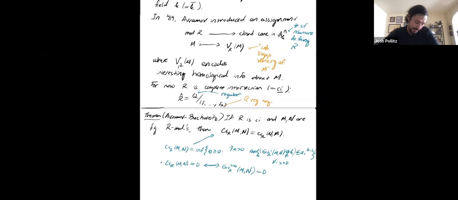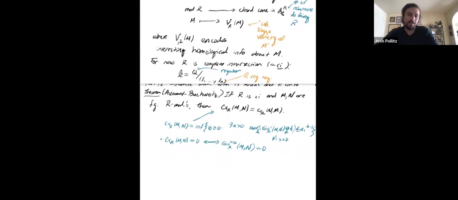I find it quite a shocking theorem at first when you think about Ext. I mean, it's highly non-symmetric, right? Ext of M against N and Ext of N against M are drastically different things, but yet over a CI ring there's this remarkable symmetry in these Ext modules. This is something that certainly does not hold over non-complete intersection rings, where it fails quite badly.